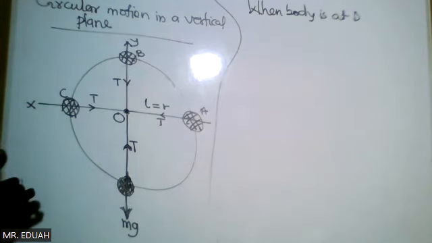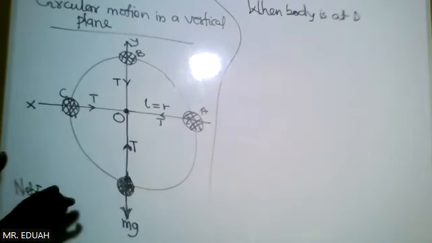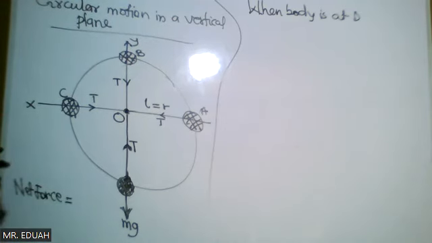The net force is 0. Why 0? Because the tension is being balanced by the weight. If the tension is balanced by the weight, then the net force is 0.